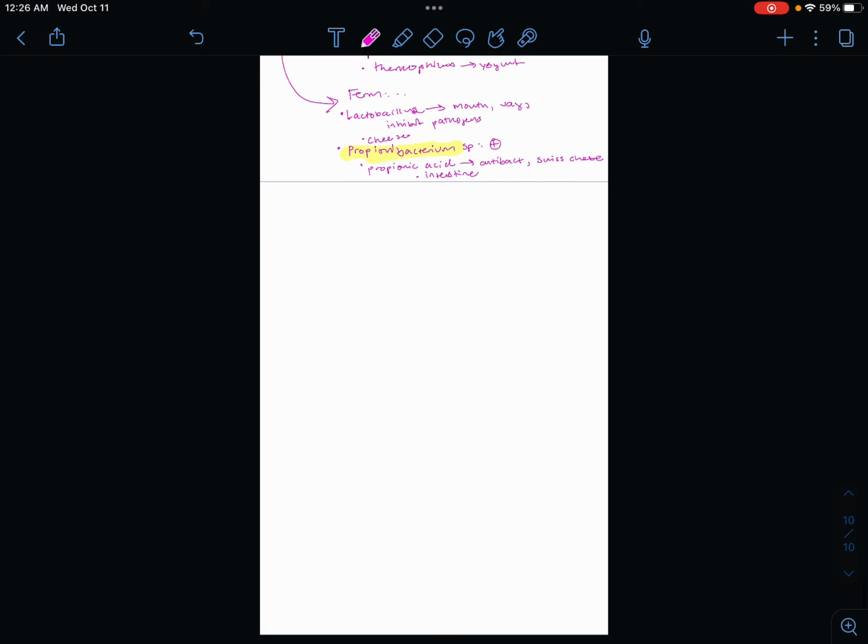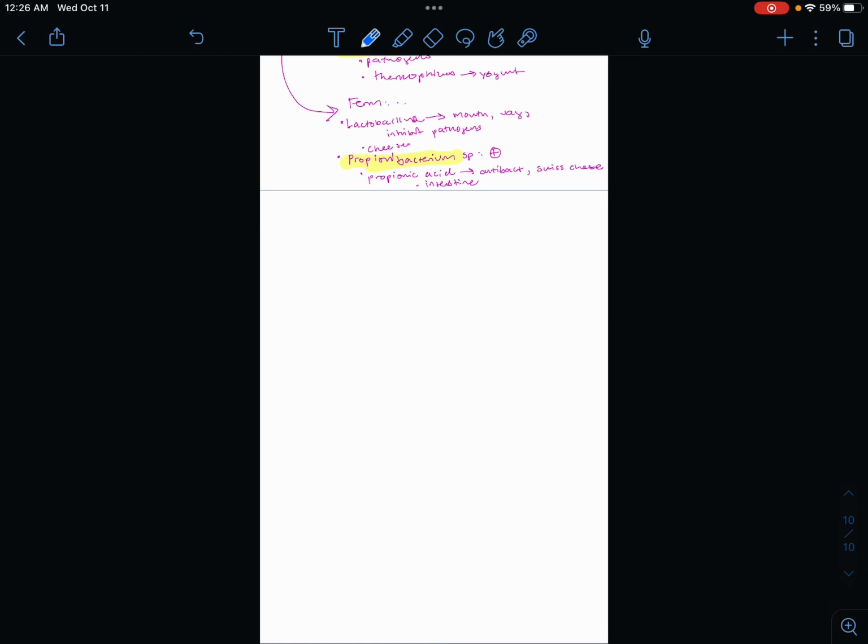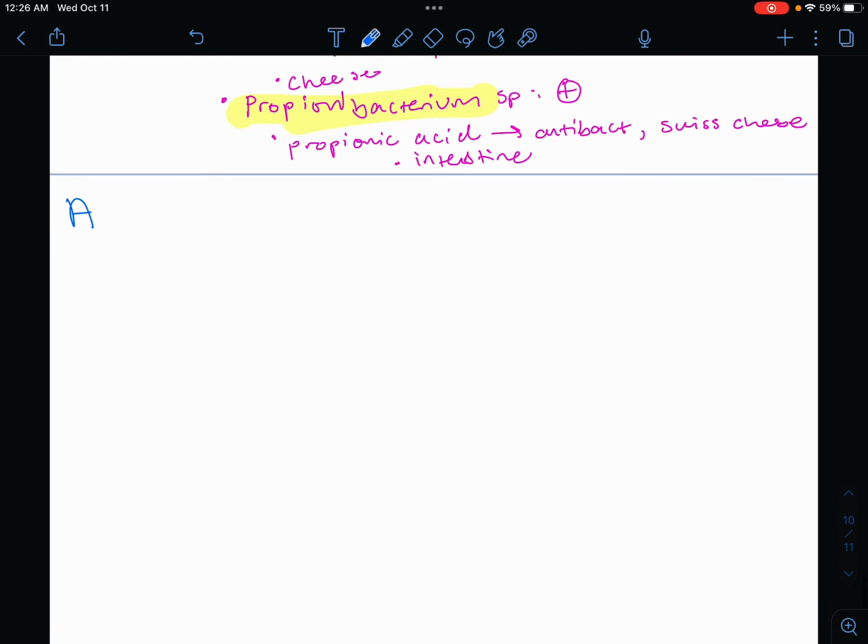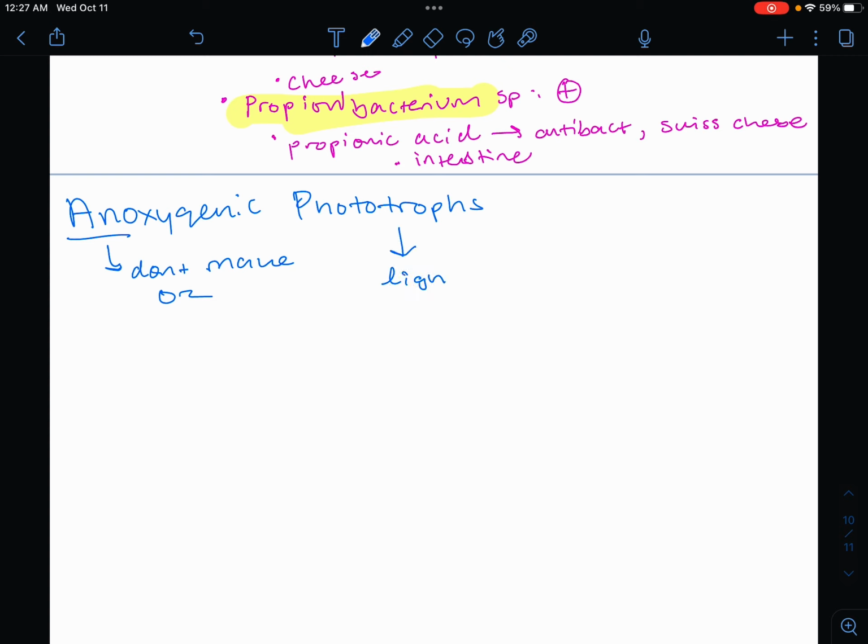All right, now we're going to go into anoxygenic phototrophs. So let's look at that word. Anoxygenic means they don't make O2, and light is the energy source. You're sensing some similarities between photosynthetic organisms and these bacteria, and there's a reason for that.